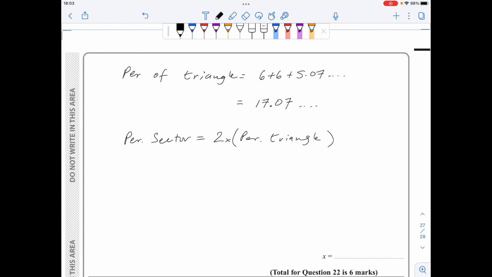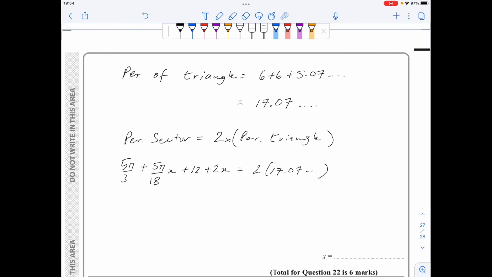So if I substitute the expression I found on the previous page, I will get the following: 5 pi over 3 plus 5 pi over 18x plus 12 plus 2x, and this is equal to 2 times the number I found above, which is 17.07.